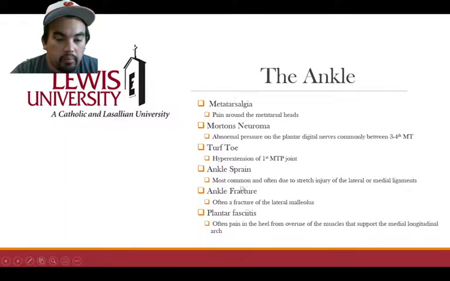It's most common and often due to a stretch injury of the lateral ligaments. We've talked about that. We've talked about an ankle fracture of that lateral malleolus on the fibula, because that's such a bony, hard, rigid support that it could happen there. And then plantar fasciitis, which is often a pain in the medial heel from an overuse of the muscles that support the medial longitudinal arch. More of a fatigue injury than anything else most often.